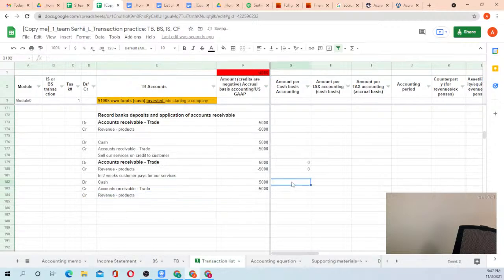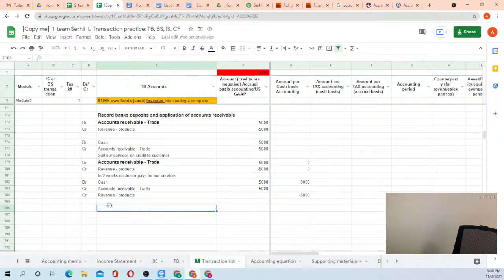So under the cash method, when we received cash, we recognize the income only when we received cash. Let's say we have the following transaction.